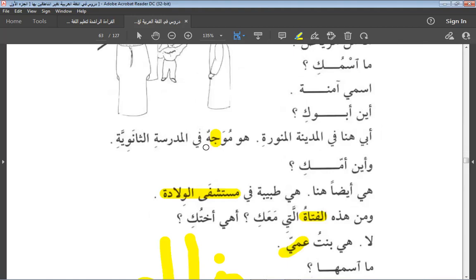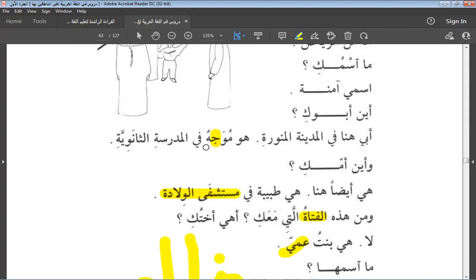Huwa muwajjihun fil madrasati الثانوية. هو موجه. If we say موجه, يعني هو موجه إلى, he's aimed towards, he's directed towards. So let's say I go out, I'll say أنا موجه إلى الجامعة. I'm going towards the university. But موجه will be the instructor.